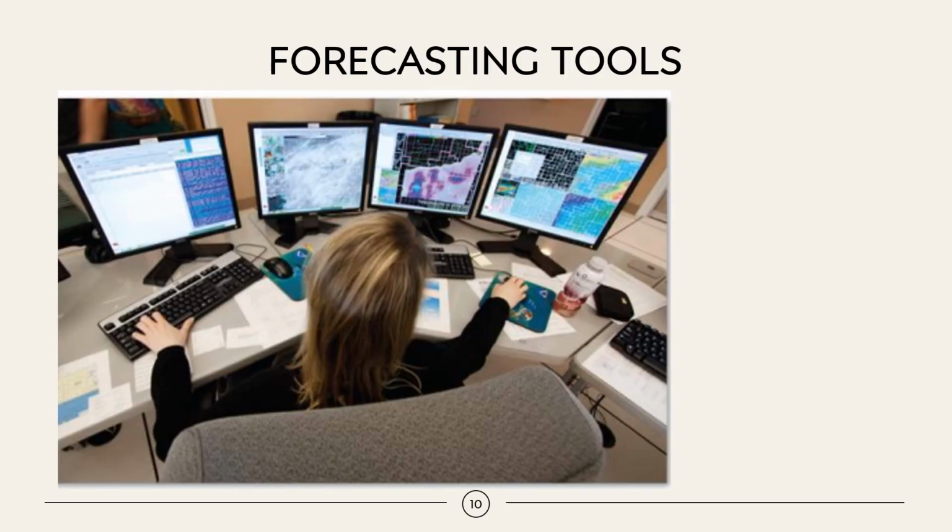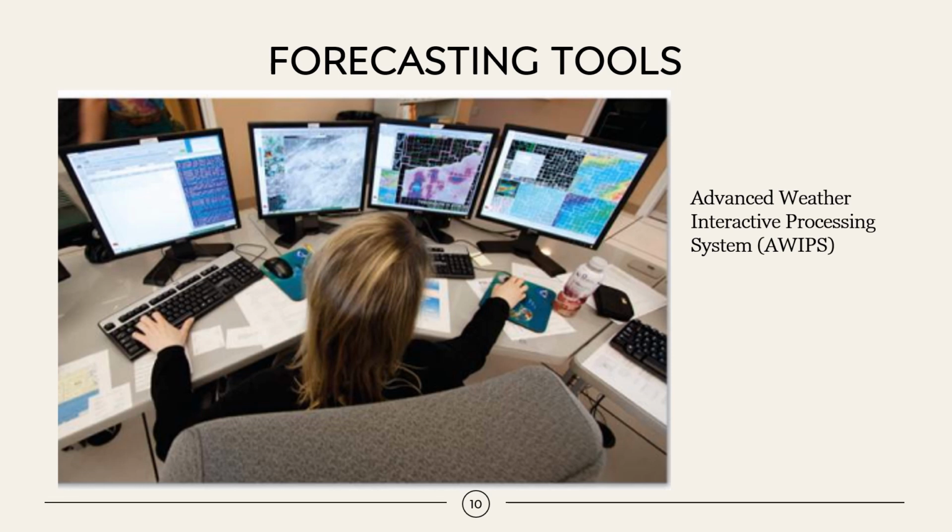So we continue with more forecasting tools. In order to aid in the enormous task of weather forecasting, local weather forecast offices are equipped with an interactive computer system called the Advanced Weather Interactive Processing System, or AWIPS.